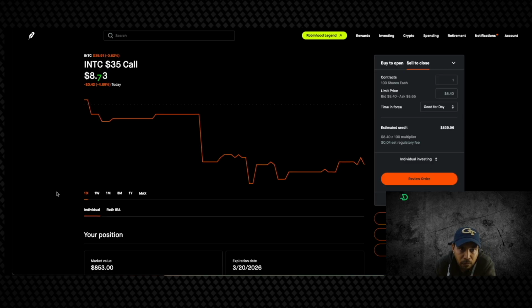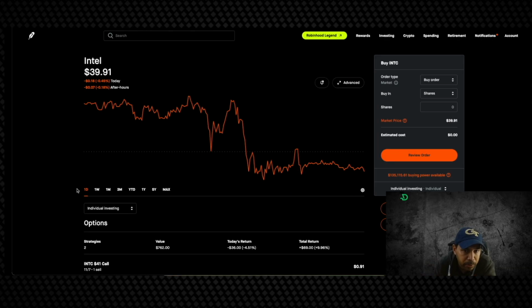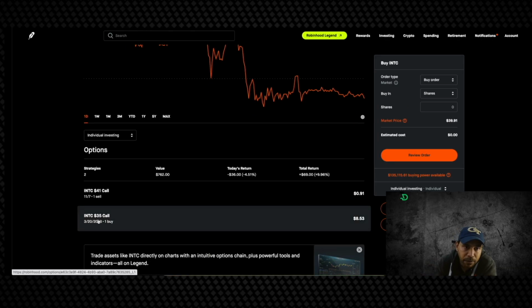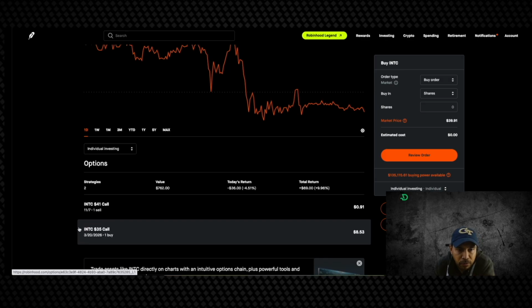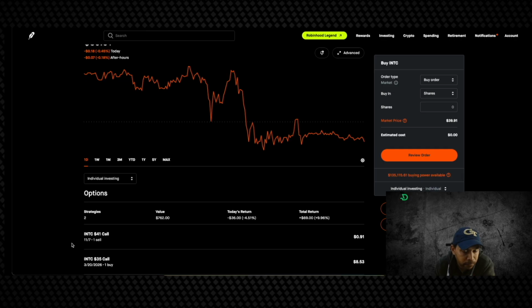So that's one thing that I do want to mention, that ideally, if you want to do this, maybe go more deep in the money. I have just kept it at 35 because I'm not going to hold it for too long. I'm just taking the ride on the market that we have now. Everything is in a bullish trend, so I'm just going to take that ride to the trend, and then I'm just going to close this out.